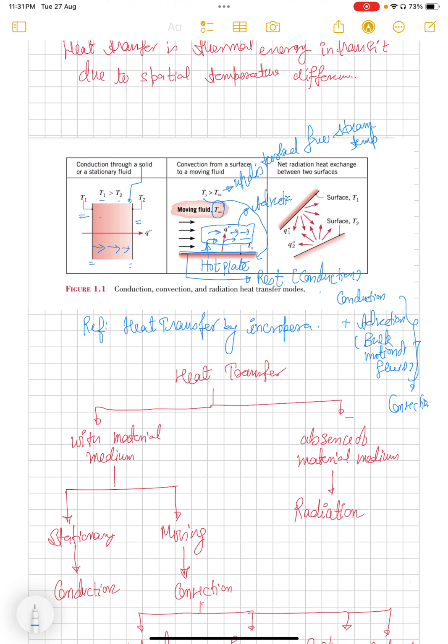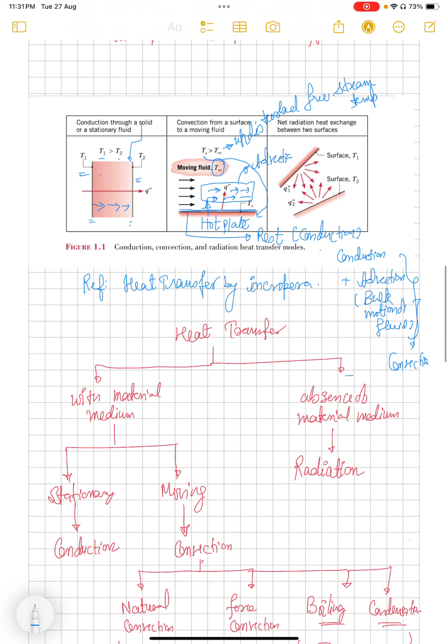If we are using some external source to make the fluid move over the hot surface, that is forced convection.